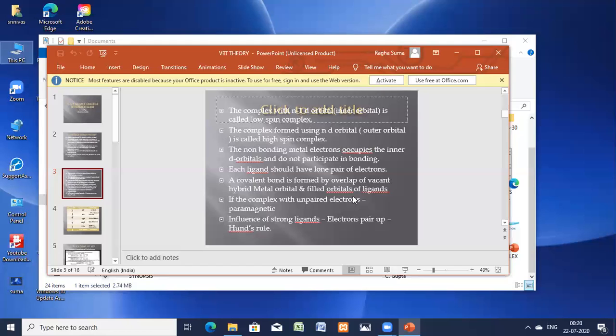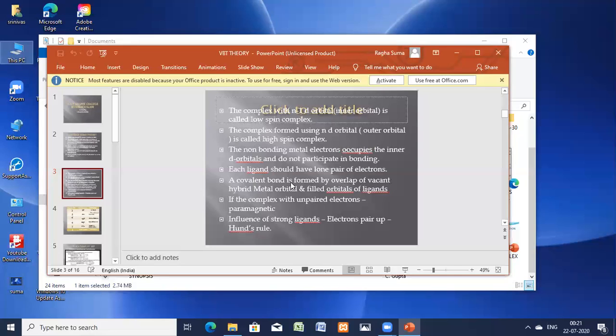As I have told you, a ligand will have orbitals and it will have a lone pair of electrons. The ligand with filled orbitals, with the lone pair of electrons, will donate these two electrons to the hybrid orbital of the metal. Thereby a covalent bond is formed.